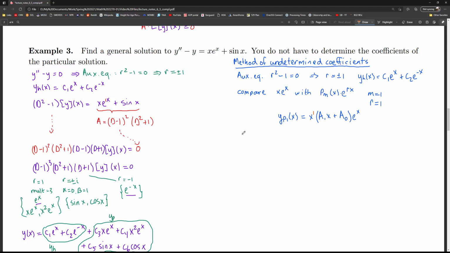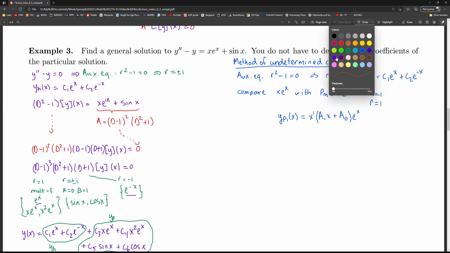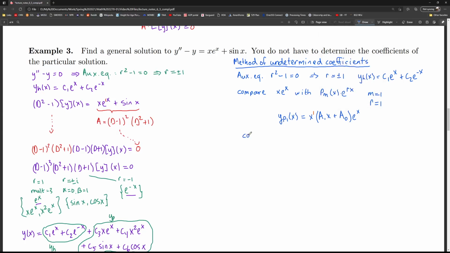Now, then we would need to compare for the second part. We would compare sine of x with e to the power alpha x sine beta x. And then since there's no e here, we would see that alpha equals 0, beta equals 1.